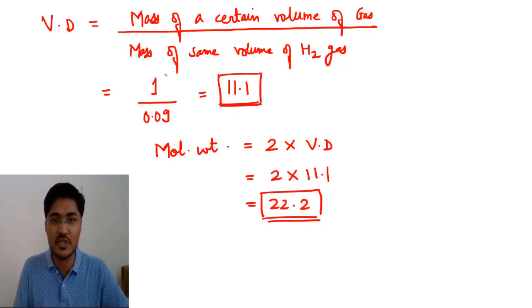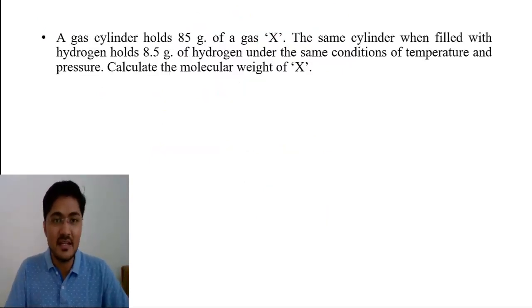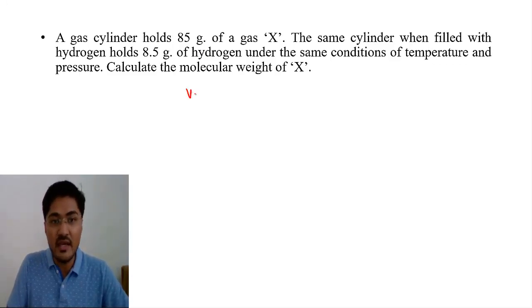Now let's look at the next question. A gas cylinder holds 85 grams of a gas X. The same cylinder when filled with hydrogen holds 8.5 grams of hydrogen under the same conditions of temperature and pressure. Calculate the molecular weight of X. That's a pretty simple question, guys.